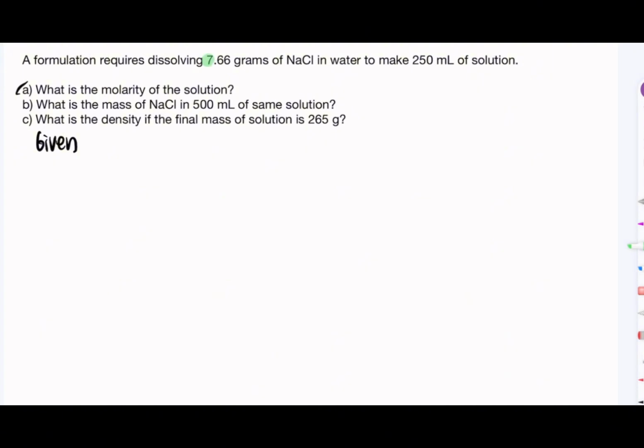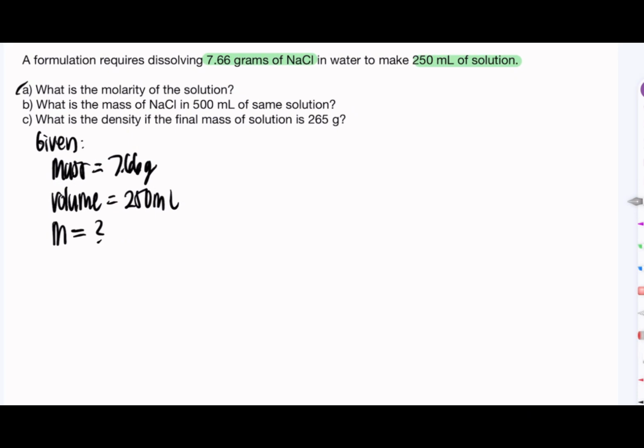The given are 7.66 grams of sodium chloride and 250 milliliters of solution. Now write it down. Mass is equal to 7.66 grams, volume is equal to 250 milliliters, and the molarity is still unknown. Now convert volume, right?